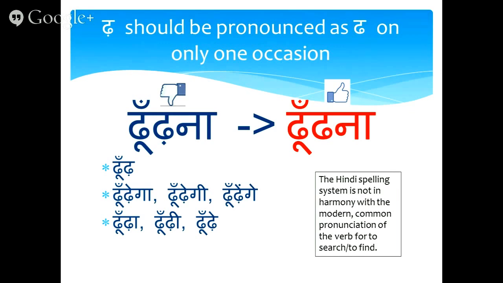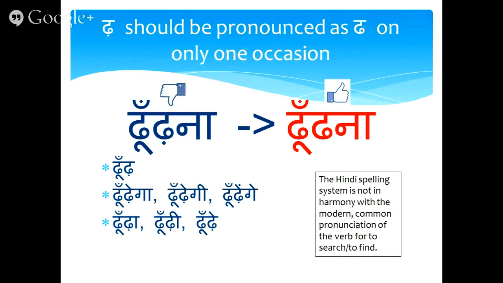Dhoodega is pronounced dhoondhega. Dhoondhegi. Dhoondhenge. Dhoondha, sorry. Dhoondhi and dhoondhe. Okay, so this is the only time you can pronounce the flap like dh.